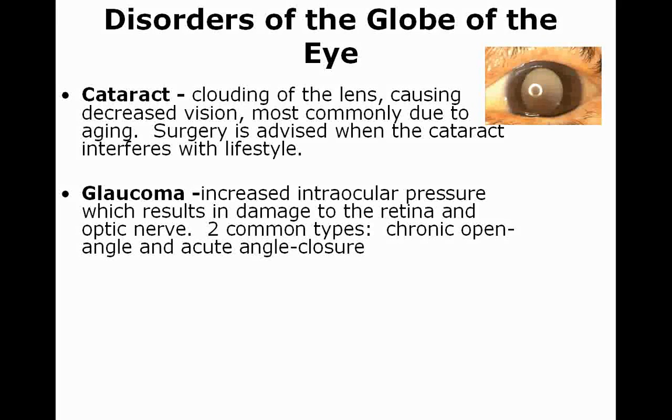The other type of glaucoma to look at is the acute angle closure. This is the type that's usually associated with eye pain and headaches, redness of the eye. So the patient usually has some warning signs of this type of glaucoma. But unfortunately, once the person truly has these symptoms, they become worse.